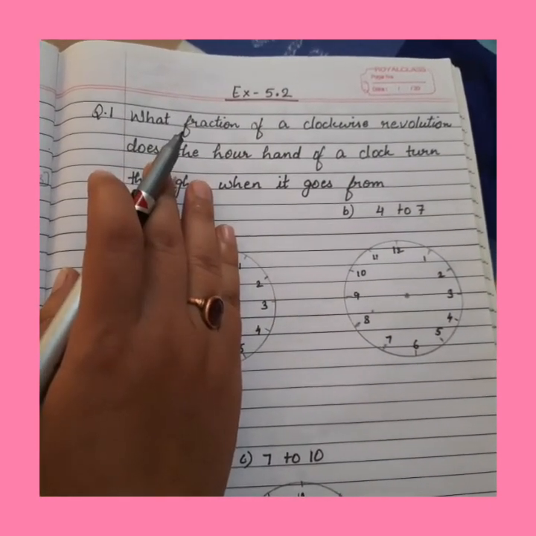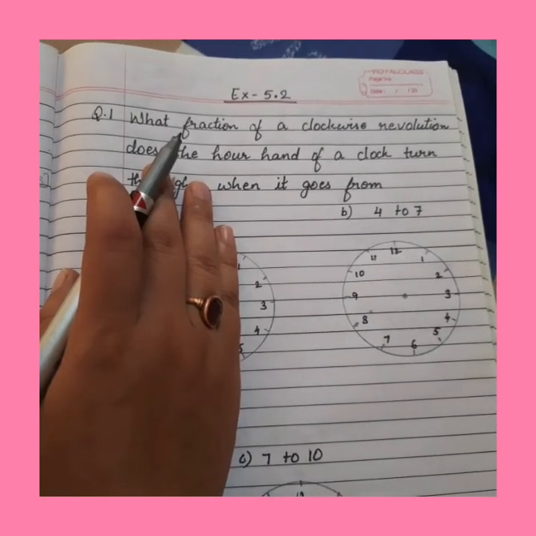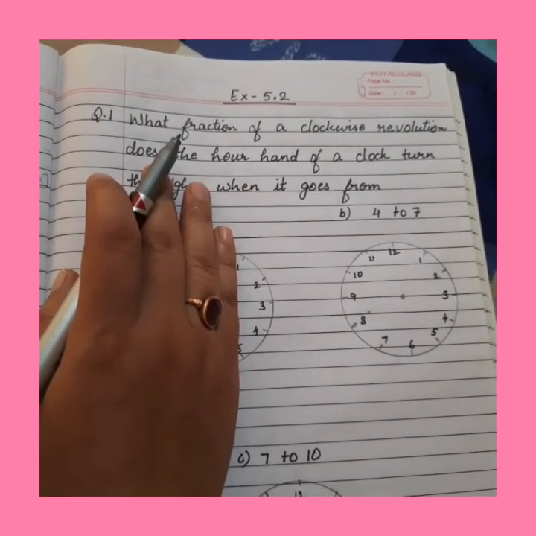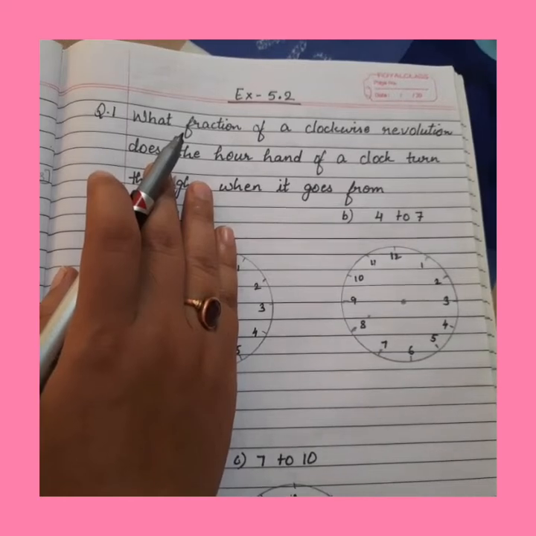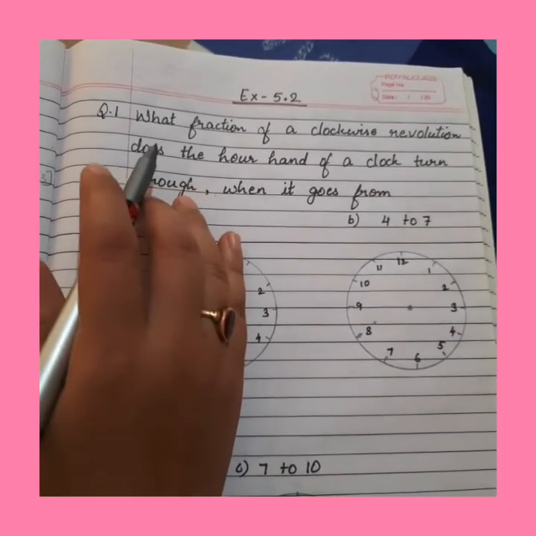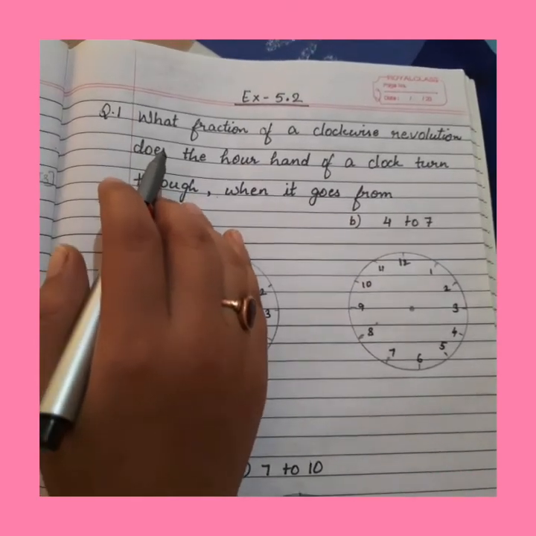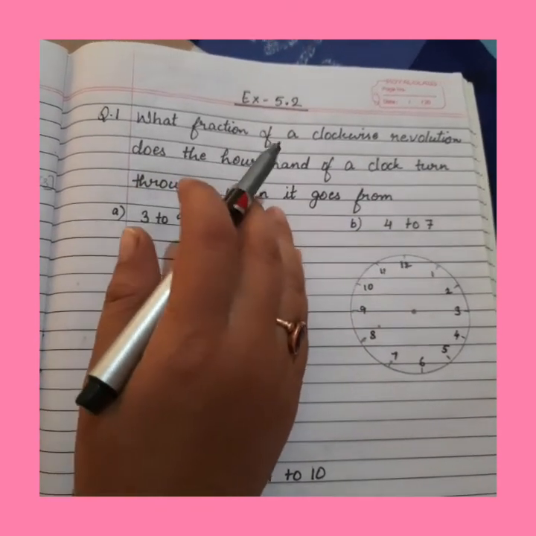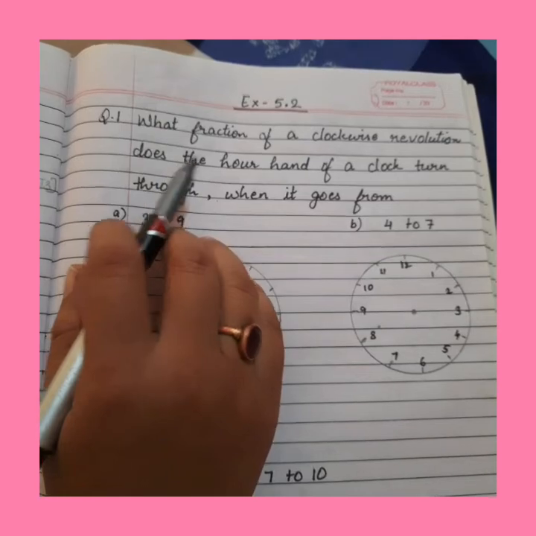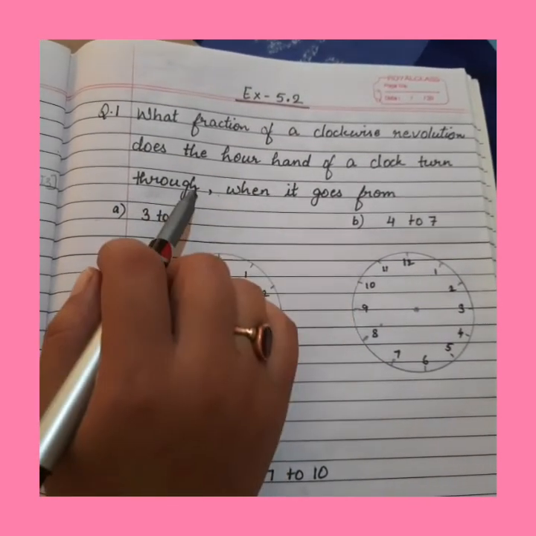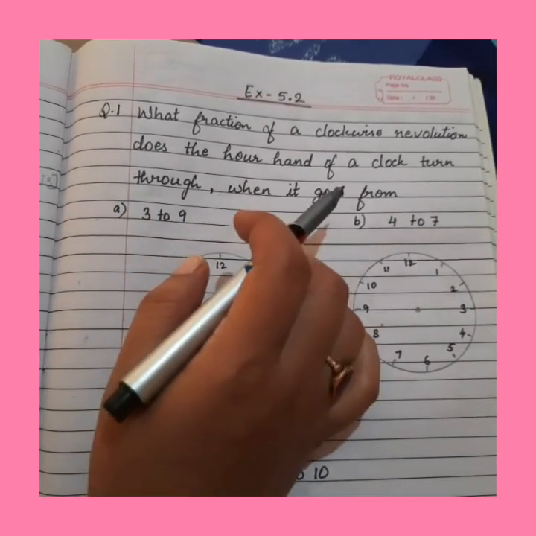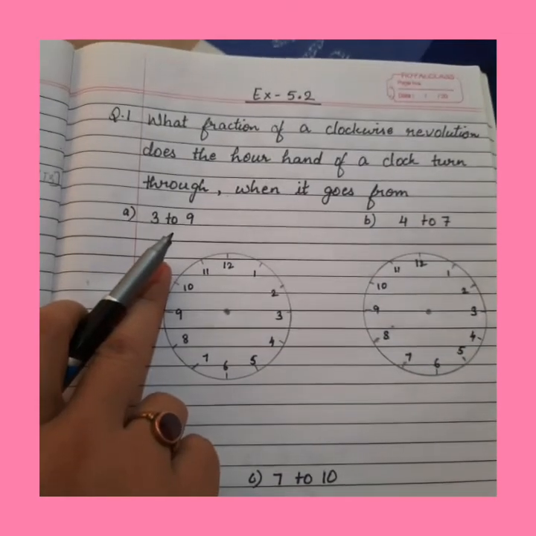Exercise 5.2. A few questions we have already done and a few we have left for later discussion. So let's do it. The first question we have not done in that video, so it is here. What fraction of a clockwise revolution does the hour hand of a clock turn through when it goes from the timings given here?